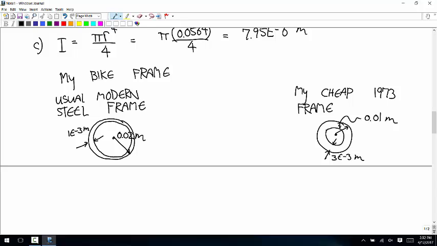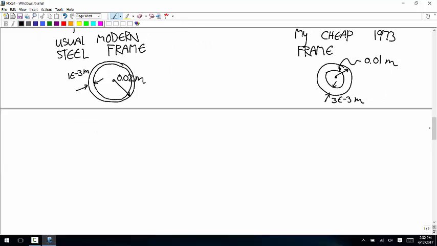So first of all, let's calculate the area. The mass of this thing is proportional to the volume, so if we assume all the lengths are the same, then the difference in mass is just going to relate to the difference in cross-sectional area.